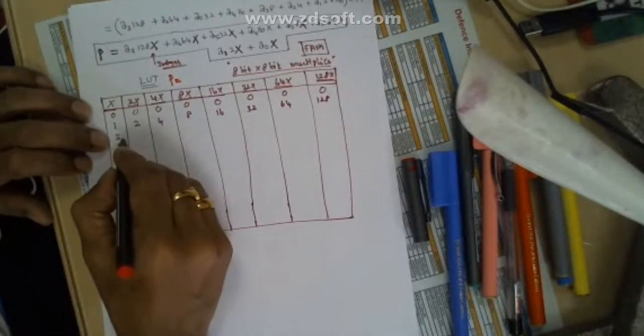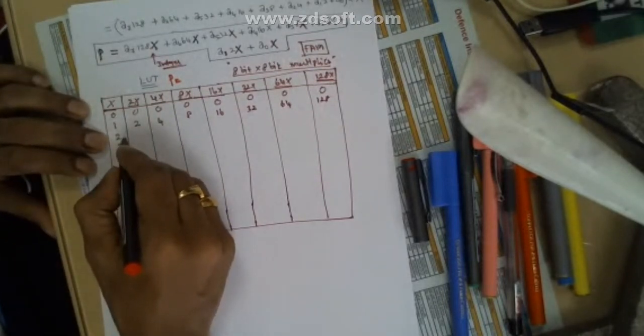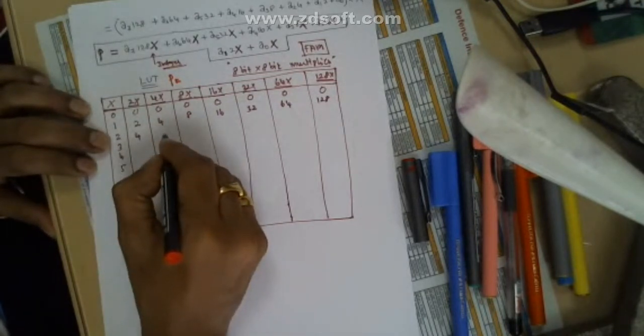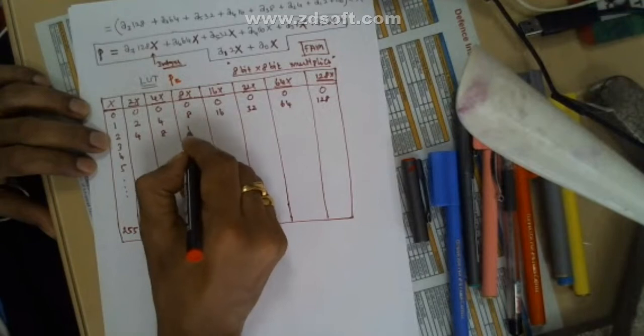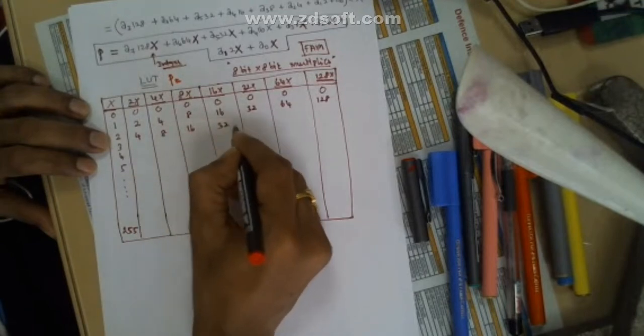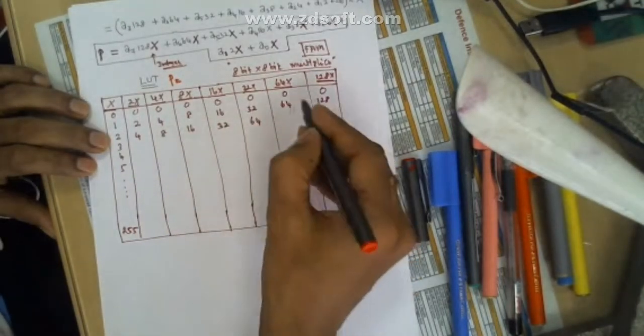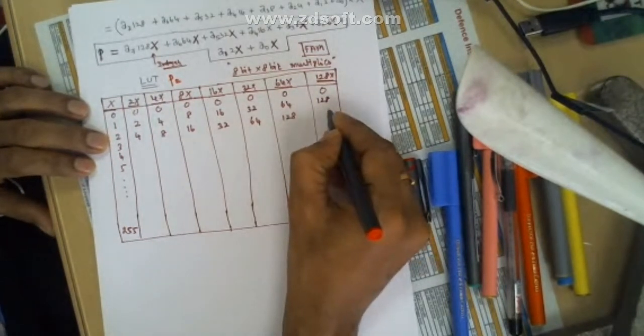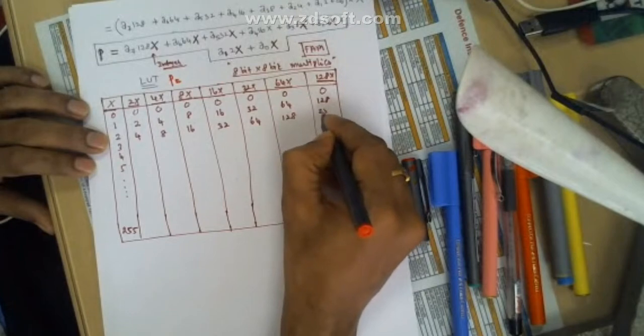Then when X equals 2, what will happen? 2X will be 4, then 8, 16, 32, 64, 128, and then 256.